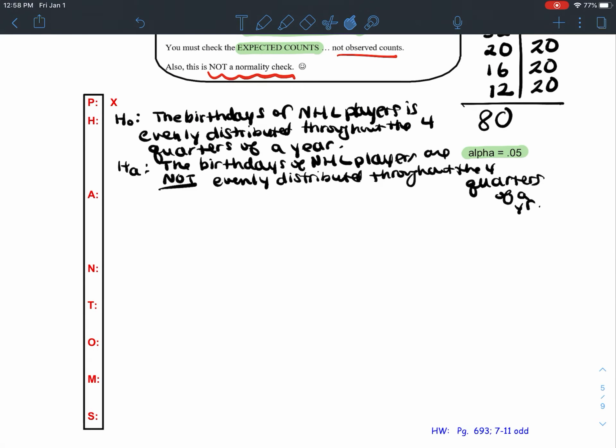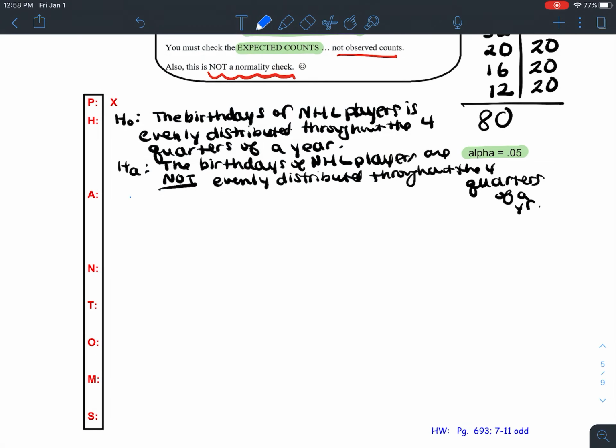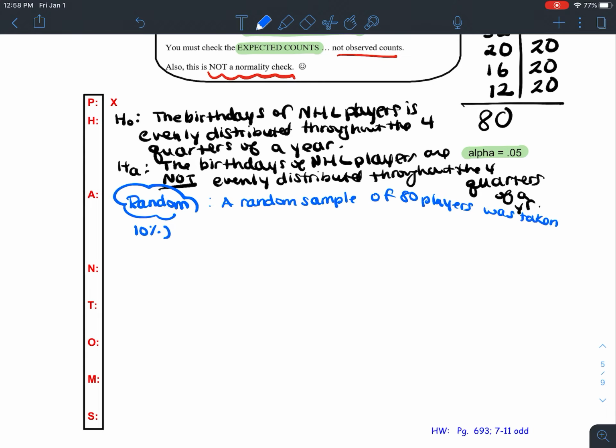We are now going to go ahead and run through our list of assumptions. These are our 3 conditions. We need to make sure that we have made some statement here that a random sample of 80 players was taken.